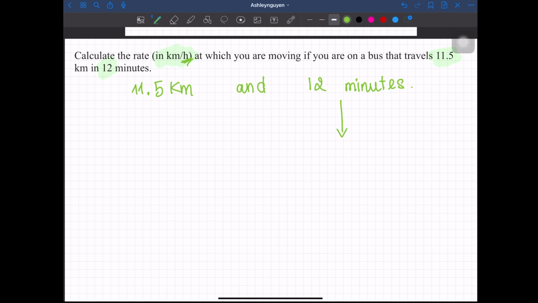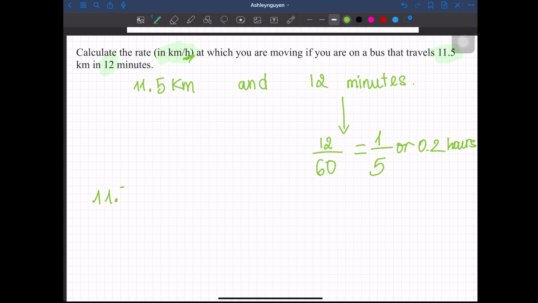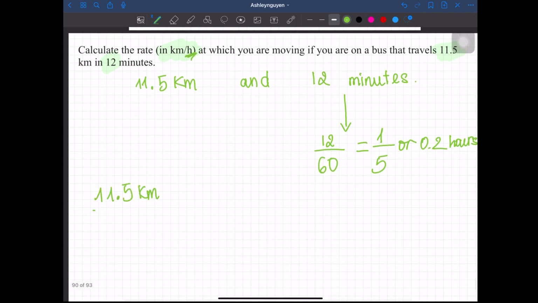So first quantity divide the second quantity. 12 minutes over 60 minutes in 1 hour. It would equal 1 over 5 or 0.2 hour. Now, to calculate the rate, we write the rate as fraction and express in terms of 1 unit of the second value, which means that 11.5 kilometer over 0.2 hour.